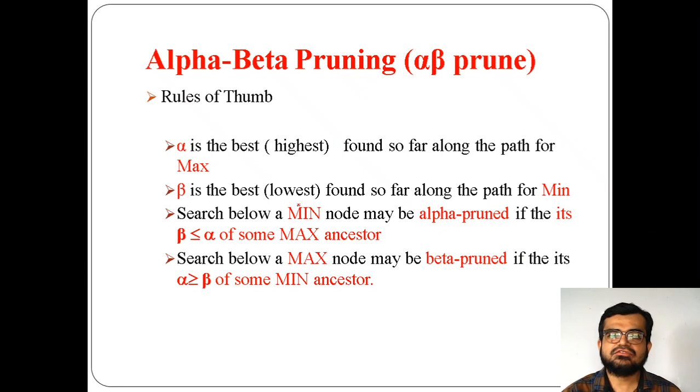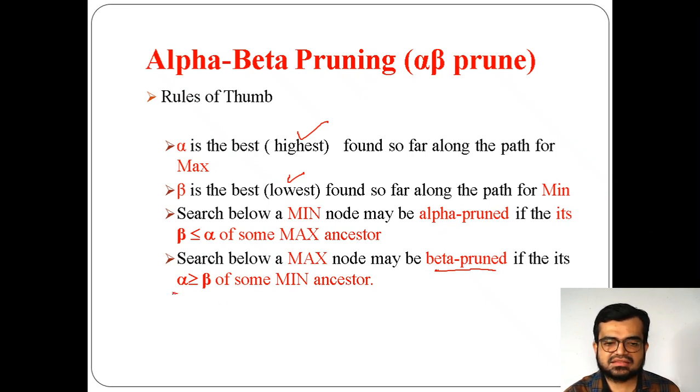Now if you understand this, alpha, as I said, is the highest value, the best value, the max value along the path. Beta means the lowest value or the minimum value. Now I already gave an example of beta pruning. What is that?